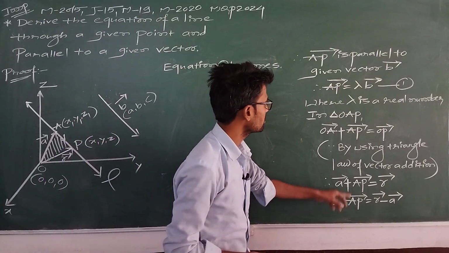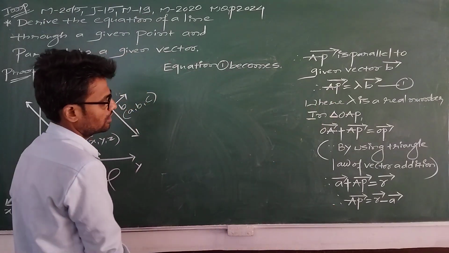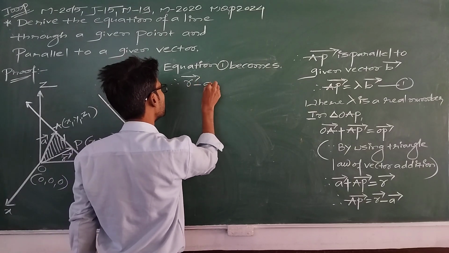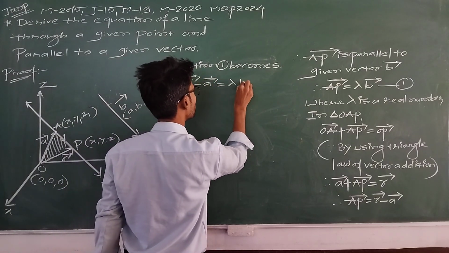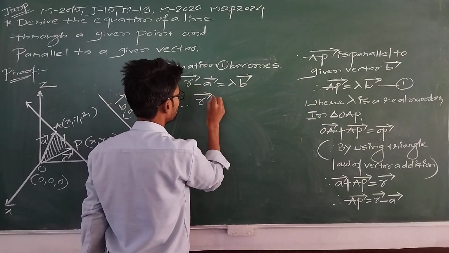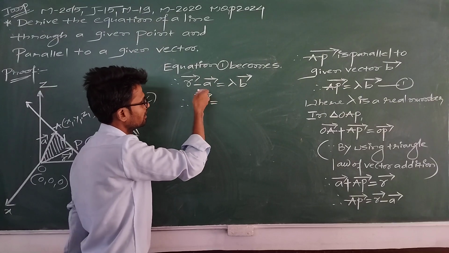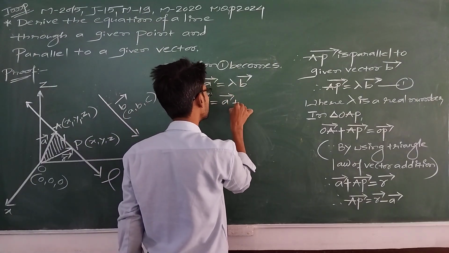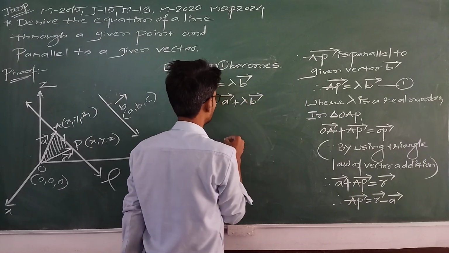You take these values in this equation 1. So AP vector, R vector minus A vector, is equal to lambda into B vector. Therefore, taking minus A vector to this side, R vector is equal to A vector plus lambda into B vector.